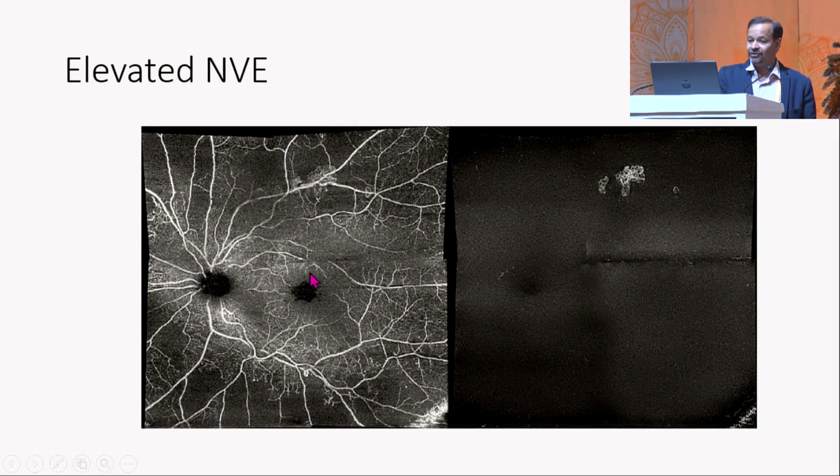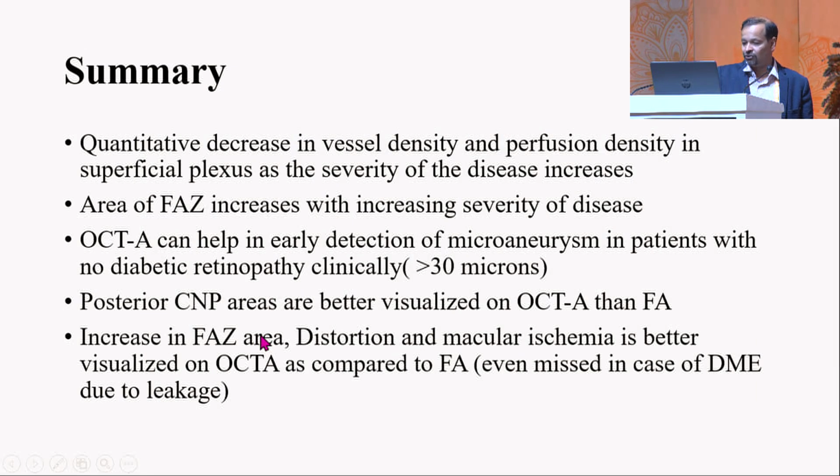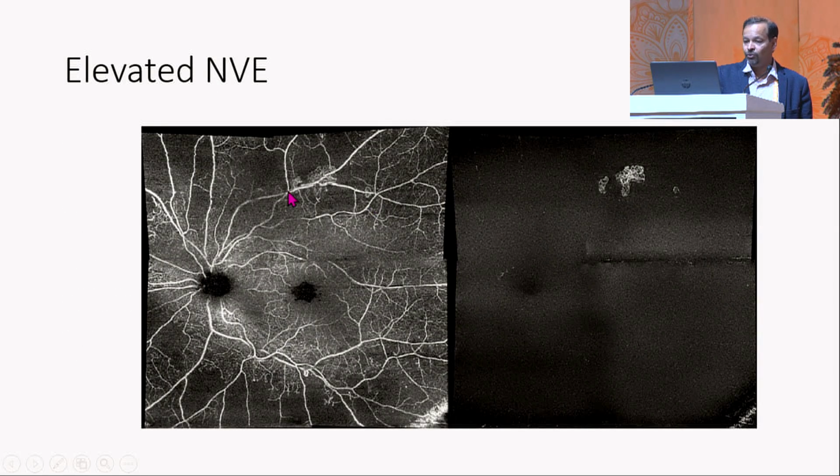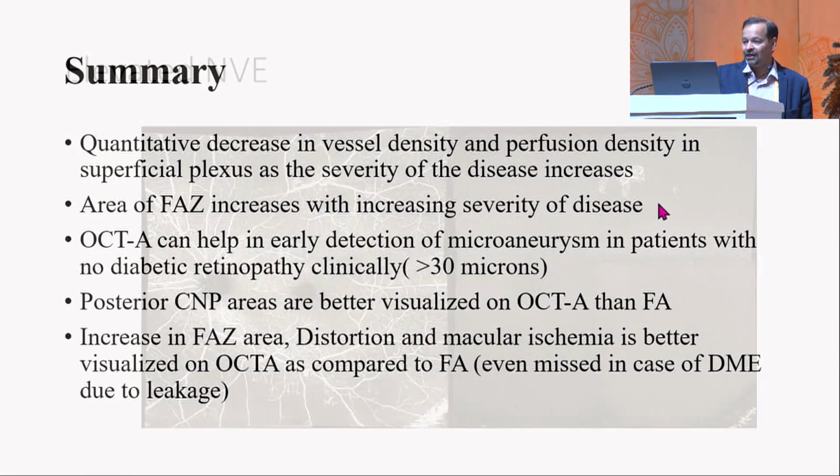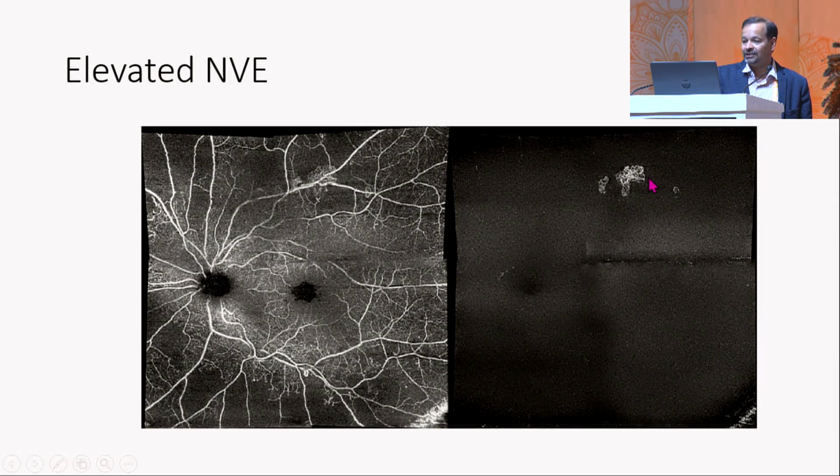So this is a patient, you can see there is a neovascularization. So when you do the segmentation at the vitreous level, you can see that this neovascularization is in the vitreous cavity, signifying that this is a raised NV.